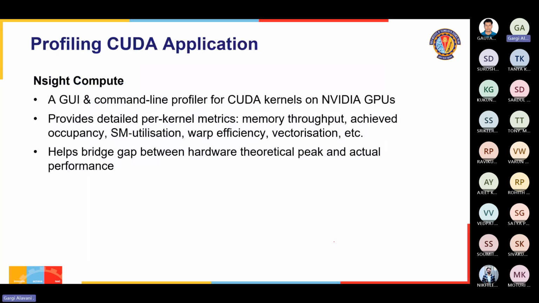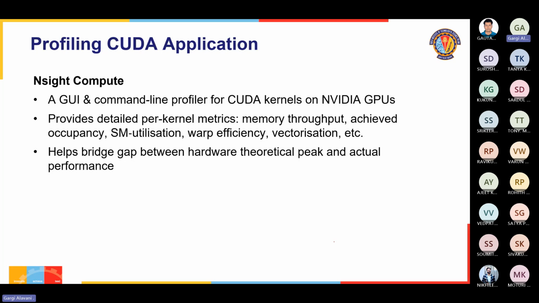Another part that we discussed in the morning was profiling your CUDA application, how important profiling your CUDA application is. So you have both GUI and command line profilers for CUDA kernels. The profiler which you can use is Nsight Compute.